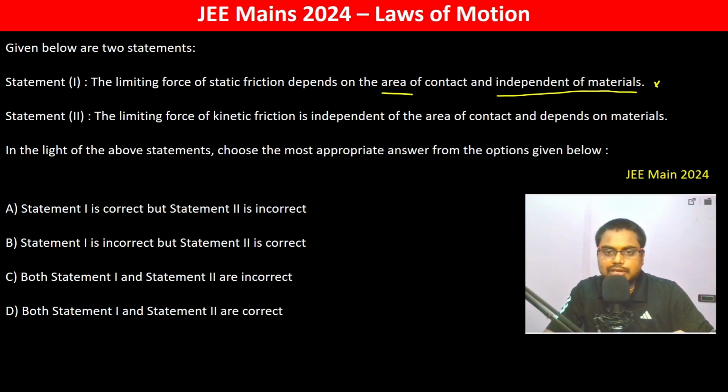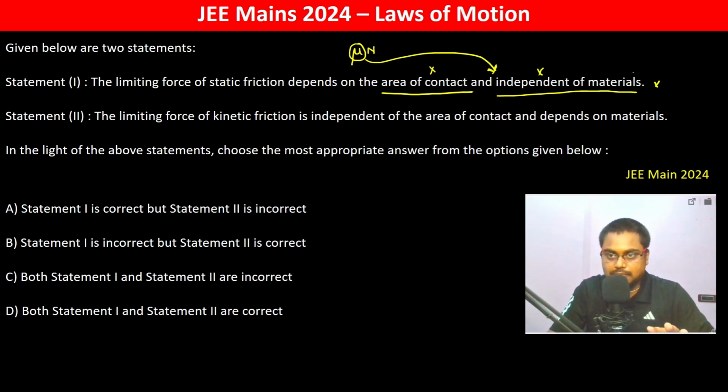And it depends on the area of contact? No, that is also not dependent on the area of contact because we have this mu into N. So this mu is dependent on material, it's a material property. And this N, the normal reaction, doesn't depend on the area of contact.